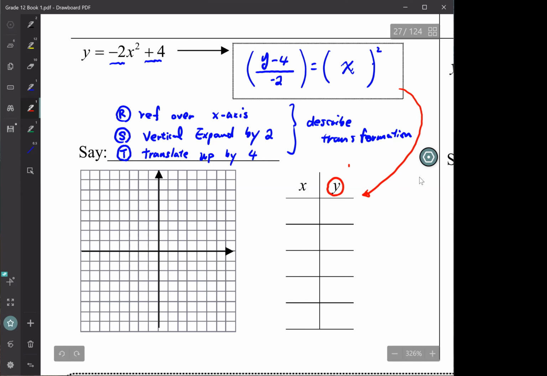You take the y times negative 2. Then because it's moving up, in order to make points go up, you need to add 4. Think about the direction. If it's going up, you need to add the number, otherwise the point won't go up. Think about the value of the points. And the x won't do anything. So x will stay the same.